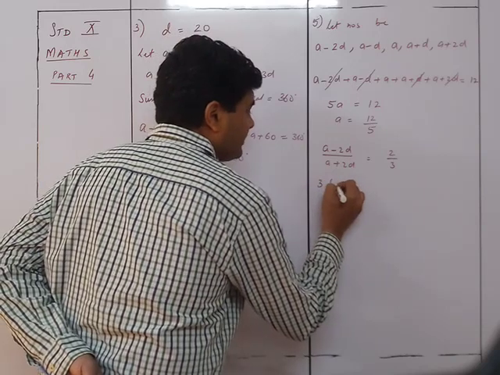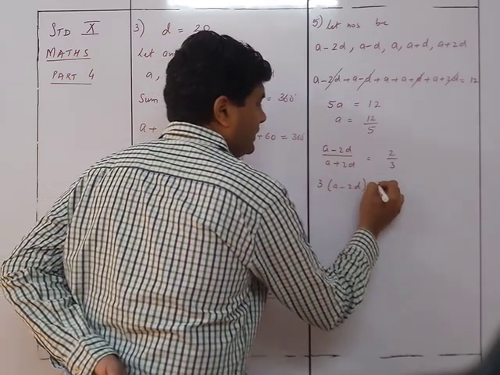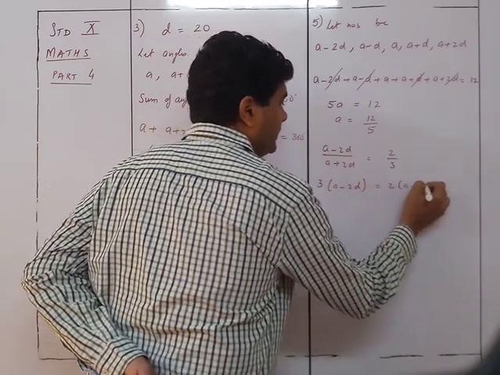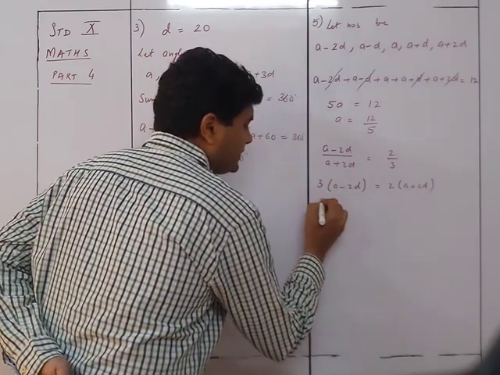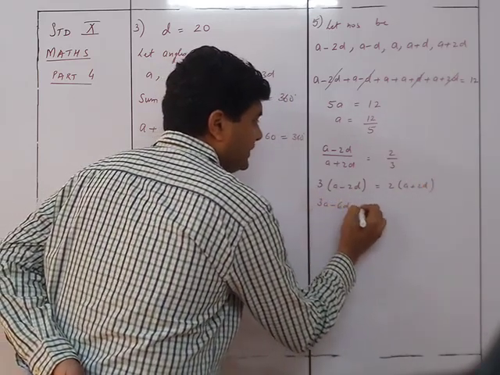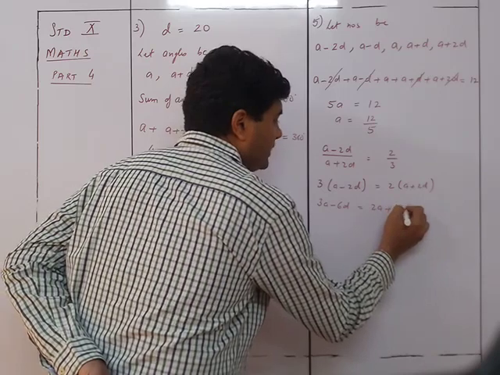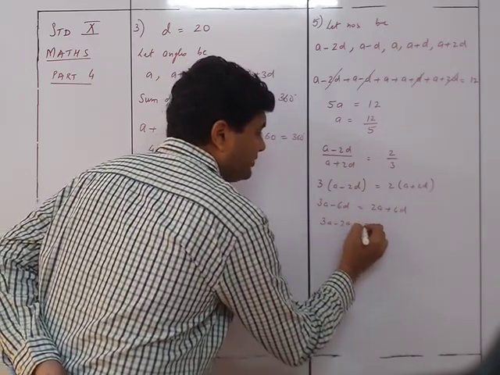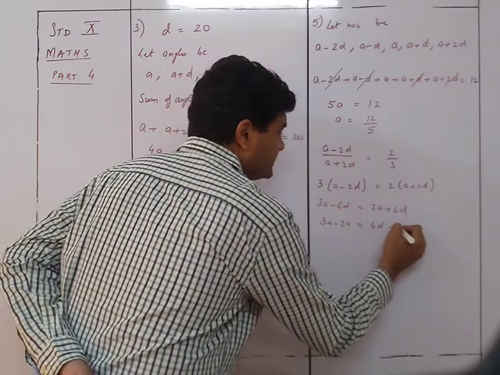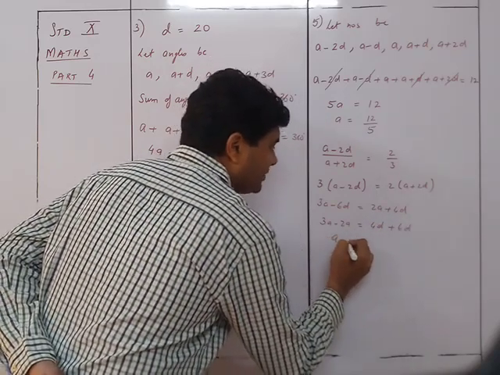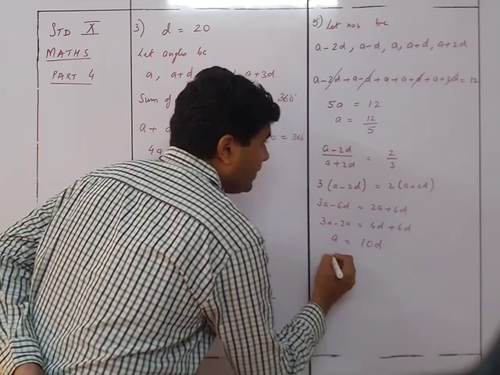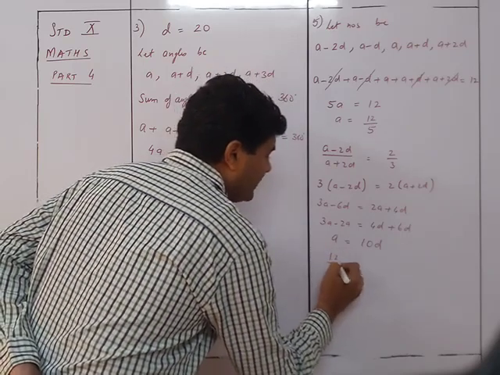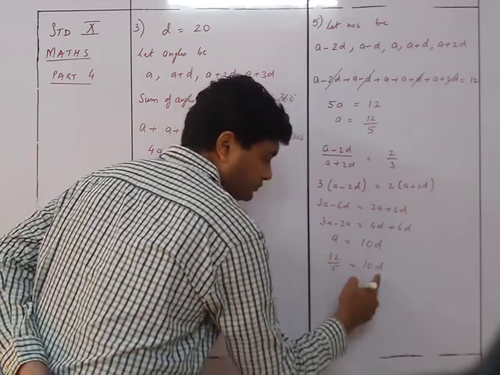So 3 times A minus 2D is equal to 2 times A plus 2D. So accordingly we get 3A minus 6D is equal to 2A plus 4D. So we have 3A minus 2A is equal to 4D plus 6D, so A is equal to 10D. So 12 upon 5 is equal to 10D.